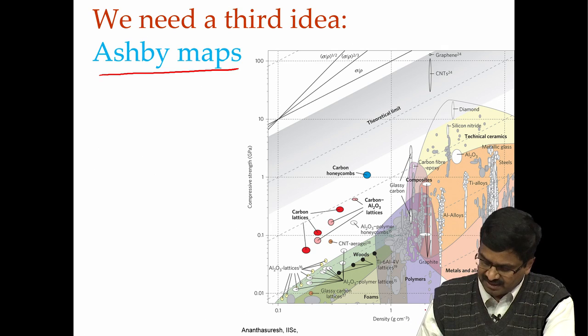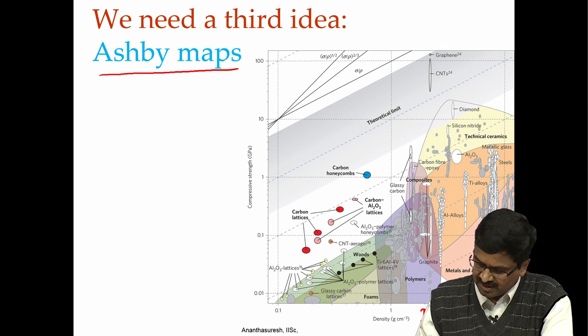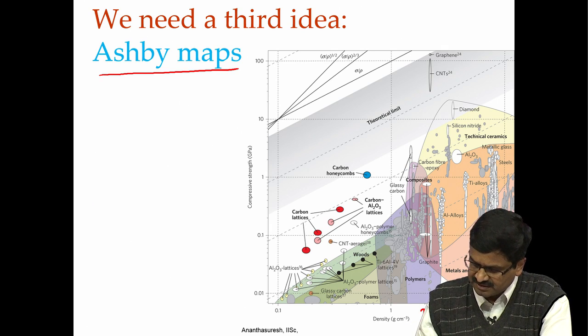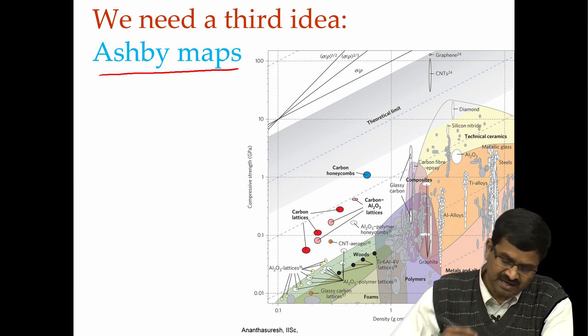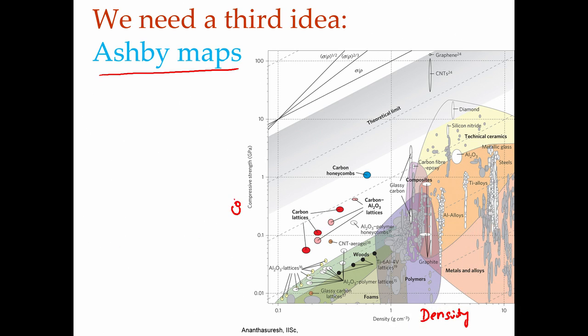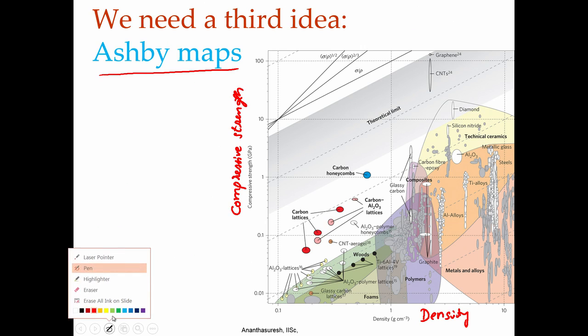What is shown here is on the x axis we have density, on the y axis we have, in this particular case, compressive strength. In fact, in the Ashby map technique, you can take any two properties and plot them in a plot like this.